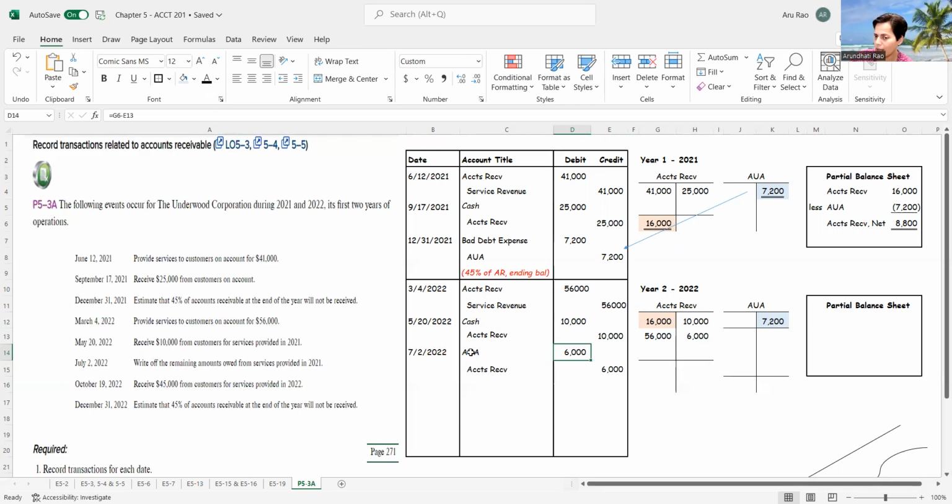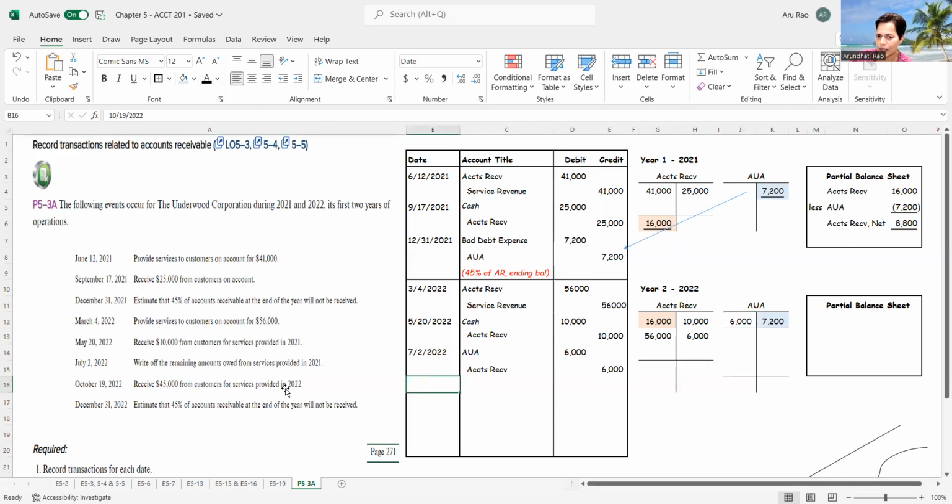Allowance for uncollectible account is a contra asset account. It exists only in relationship with the accounts receivable account. Since I didn't get that money, I wrote off the receivable and I need to write off the allowance for uncollectible account as well. So now let me post this. I already posted the 6,000 over here. Allowance for uncollectible is debit. So let me put that number over here from this journal entry.